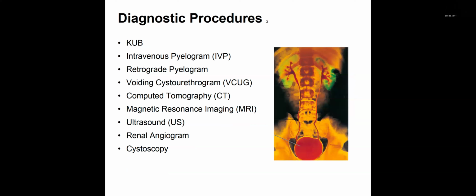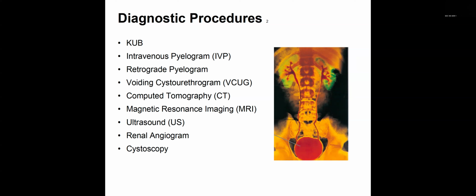Other diagnostic procedures that we can use here. So KUB is an X-ray of the urinary system used to diagnose obstruction or some kind of mass. Intravenous pyelogram, IVP, uses a dye contrast that's introduced into the bloodstream, and there's a rapid X-ray.